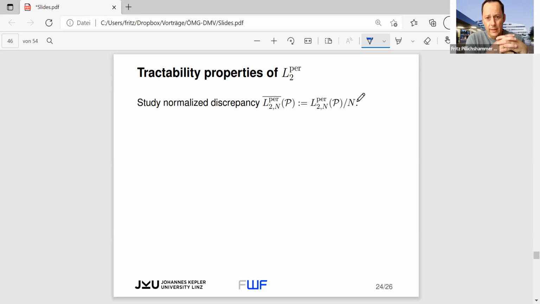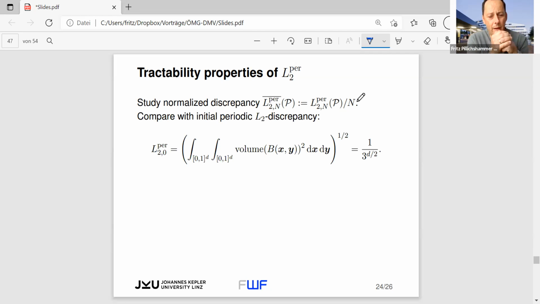And I would like to say a few words about this aspect, especially for periodic L2 discrepancy now. To formalize this problem, we compare the L2 or the normalized L2 discrepancy with the so-called initial periodic L2 discrepancy, which is given by this formula here, and which is just the L2 norm of the volume function of the periodic boxes.